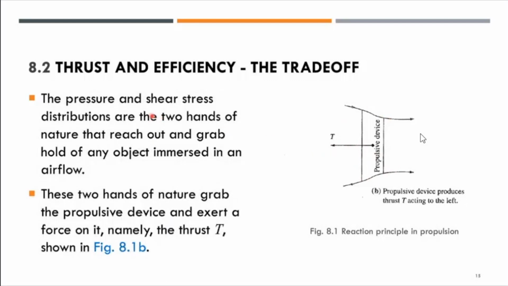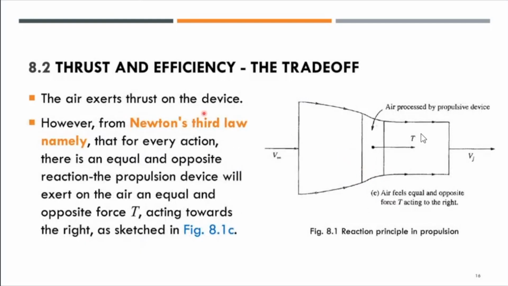The pressure and the shear stress distributions are the two hands of nature that reach out and grab hold of any object immersed in the airflow. These two hands of nature will grab the propulsion device and exert a force on it, namely the thrust as shown here. So the air exerts a force on the device.